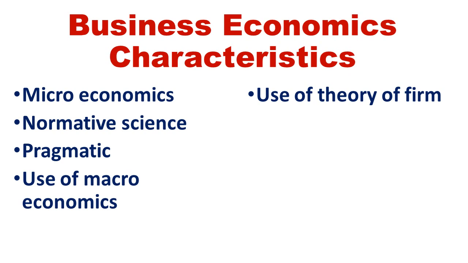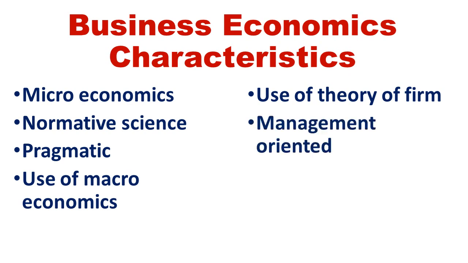Business economics addresses the problems faced by a firm, an individual unit, rather than addressing the problems faced by a nation. Business economics addresses the problems that are faced by a single unit. Management oriented, business economics helps the management in taking crucial decisions like fixing the production level, price, supply.